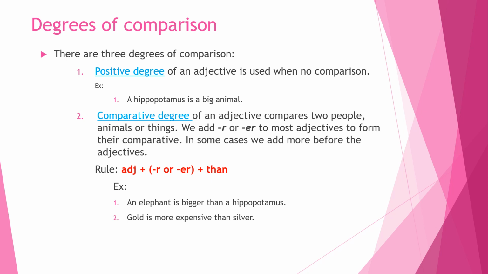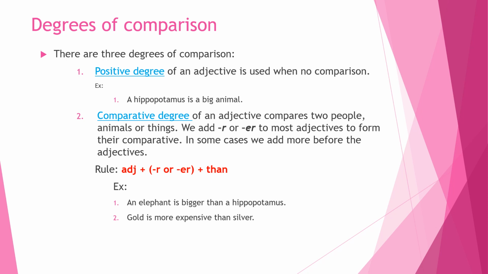In comparative degree, we compare two people or animals or things. In this example, we are comparing an elephant and a hippopotamus. So, we apply the rule adjective plus er plus than. The adjective is big. We add er and then to make it a comparative degree. So, an elephant is bigger than a hippopotamus.